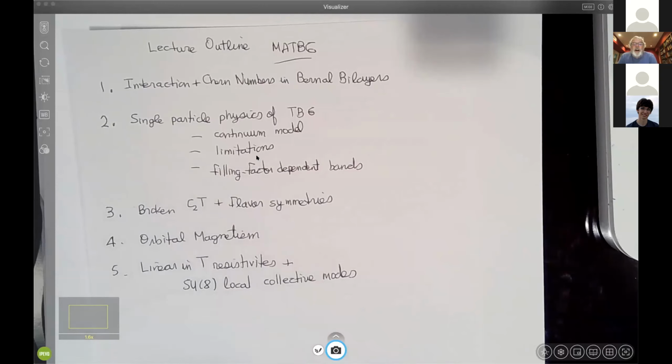Then I'm going to make some comments about the single particle physics of twisted bilayer graphene. The single particle physics that characterizes the nature of the flat bands is what sets the rules for the interactions within those flat bands.